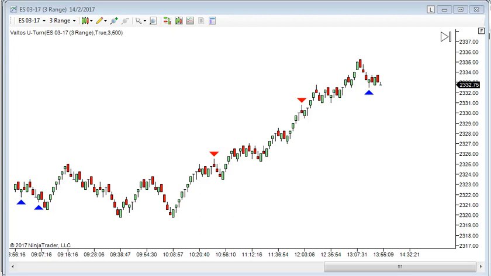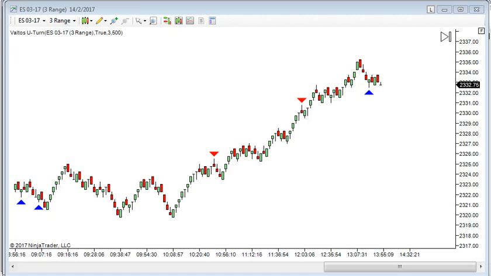A DAX chart. I just want to take a look at if I could find it. But again, these indicators are designed to help you read the order flow. Once you're comfortable with order flow, you really don't need them.